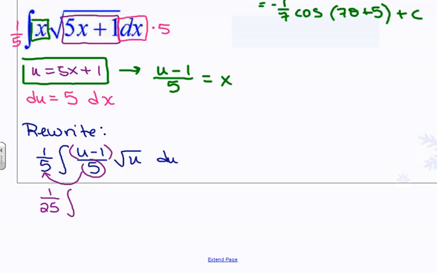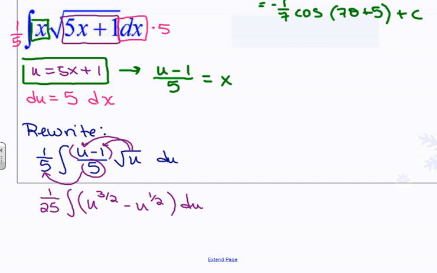Well, the square root of u is just u to the 1/2, so we can go ahead and distribute that. So we have u to the 1/2 times u, so that gives us u to the 3/2. And then we have u to the 1/2 times 1, so minus u to the 1/2 times du.